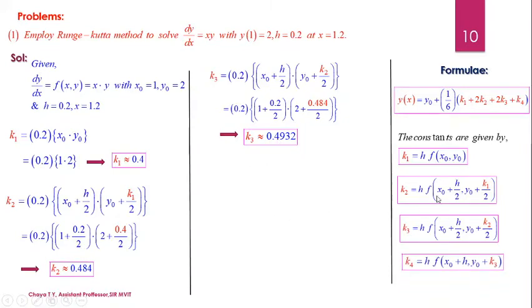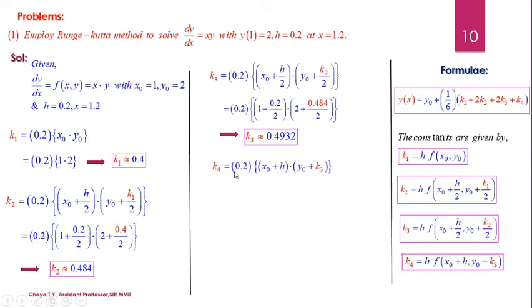Now let us consider the formula for k4. So what is the formula for k4 here? k4 is equals to product of the step length h then with the function f where x is replaced by x0 plus h, y is replaced by y0 plus k3. Remember guys, for this we don't have the term h as h by 2. We need to remember the same.